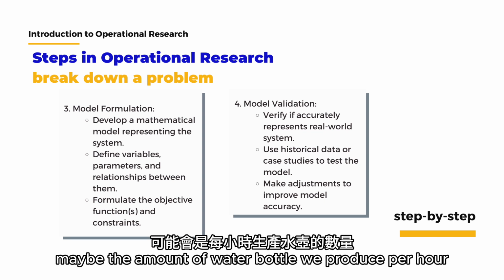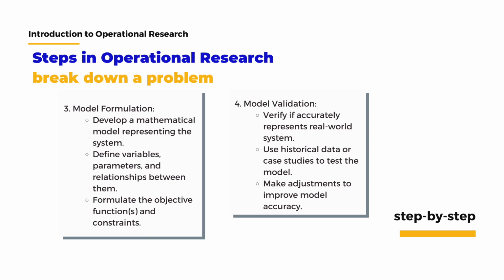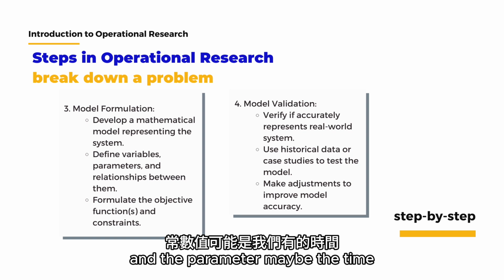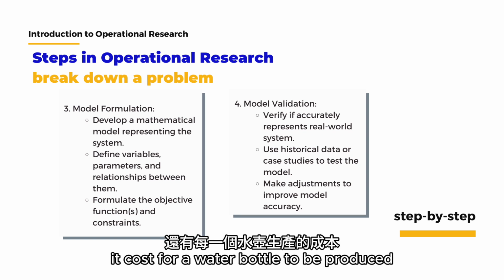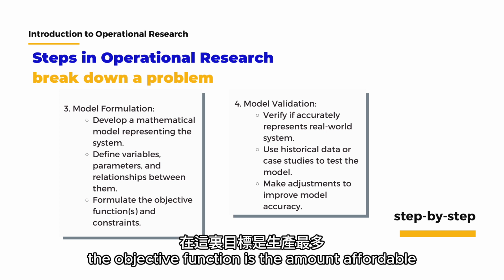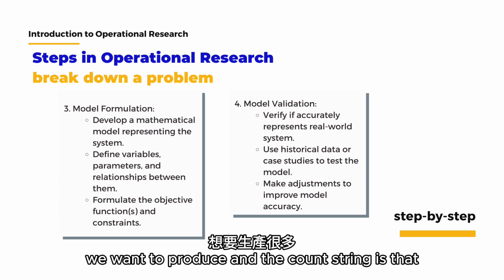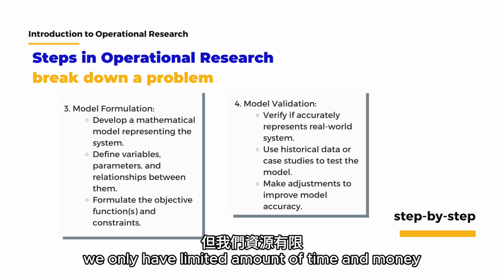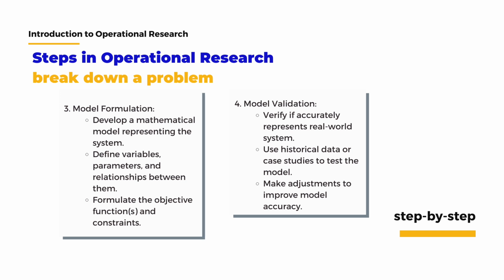A variable may be the number of water bottles we produce per hour, and a parameter may be the time it takes for a water bottle to be produced. And we have to formulate the objective function and constraints. The objective function is the number of water bottles we want to produce. And the constraint is that we only have a limited amount of time and money.